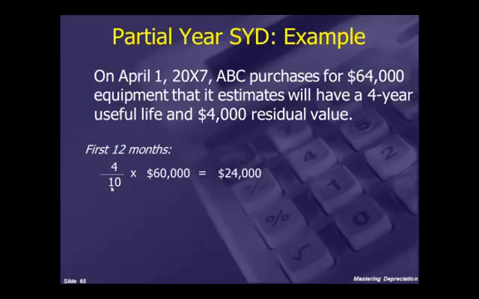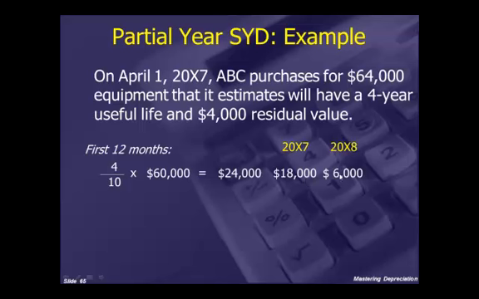That's why we've got the 60,000. So 4/10 times 60,000 is 24,000. However, it was acquired on April 1 of 2007. And April 1, you count the full April and go through December. So from April through December is 9 months, 9/12 or 3/4, or 0.75 or 75% of the 24,000. So we need to take 3/4. That means that in 2007, we have 18,000.